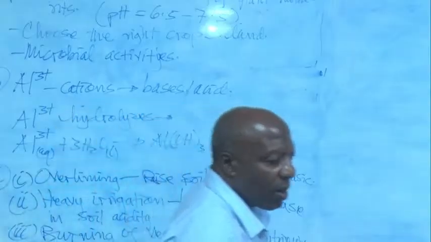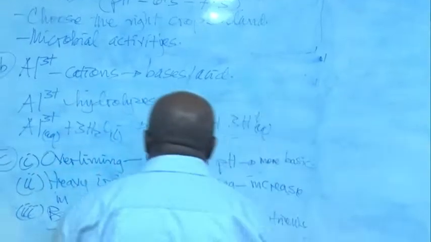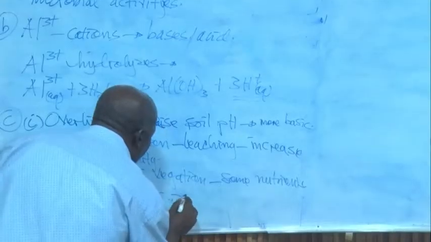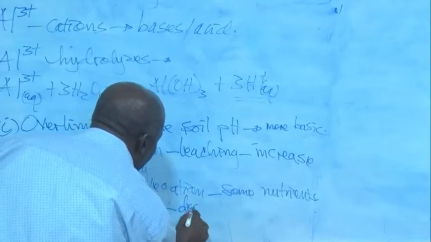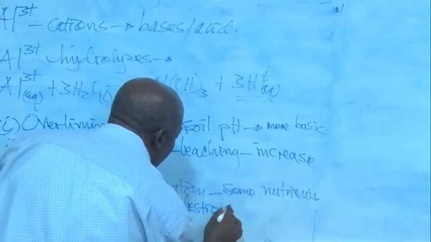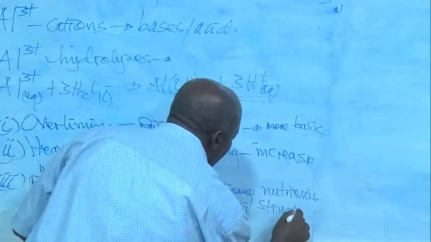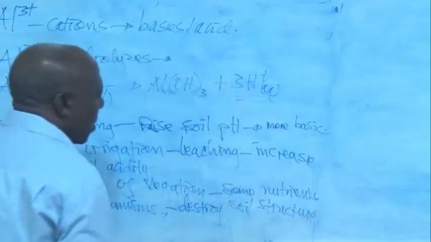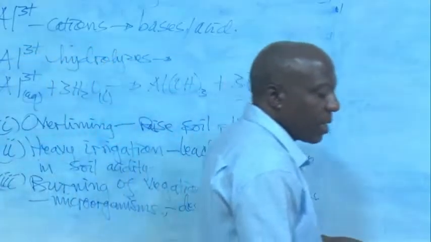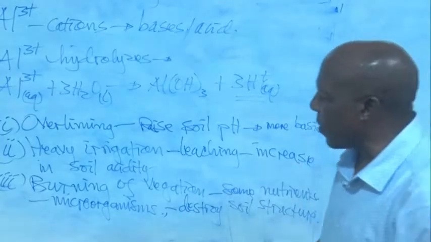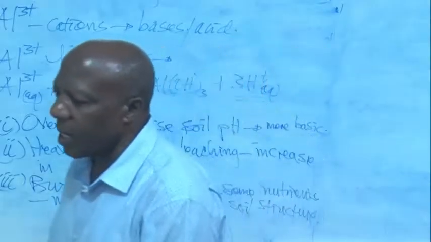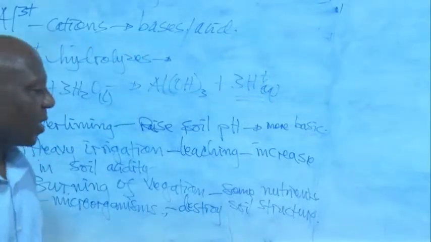And also, burning of vegetation can destroy soil structure, because soil with a good structure is favorable for crop production. It will be rich in nutrients and also it will have good aeration, good drainage, and high water holding capacity.